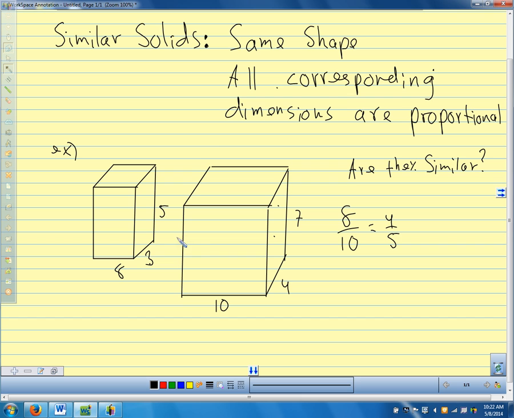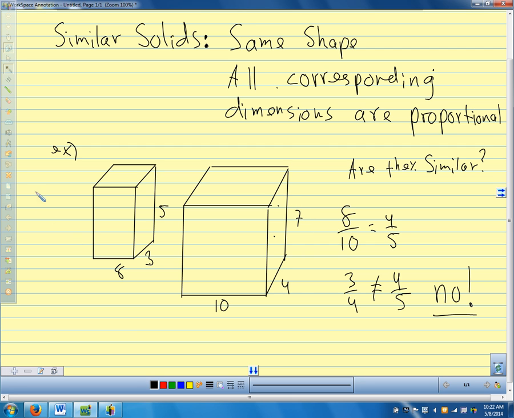And we would have to have the same ratio for all the corresponding sides for this to be similar. So what side are we going to match with the 3? 4? 3 over 4. Is 3 over 4 the same as 4/5? No. 3 over 4 does not equal 4/5, so our answer would be no. Not similar. If the second one turned out to be the same, then we would have to make sure the third one worked out the same as well.